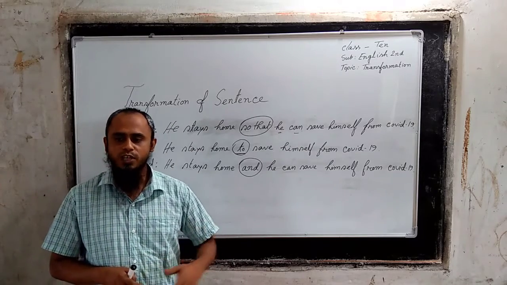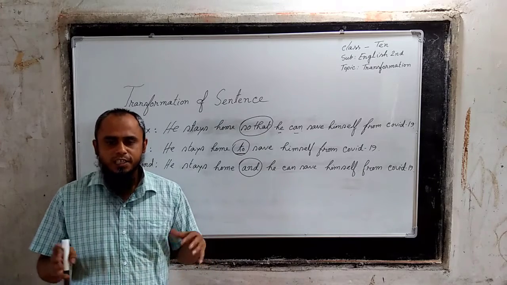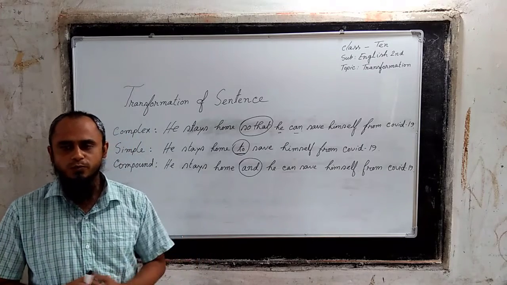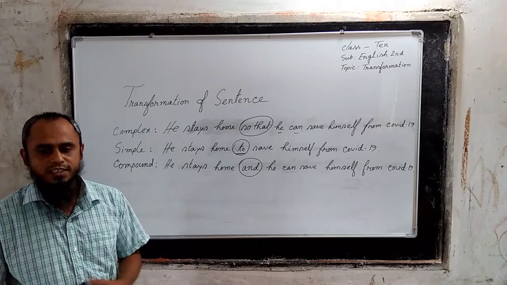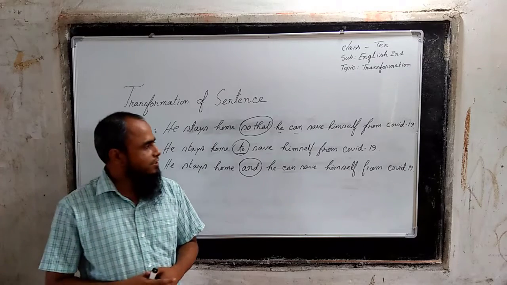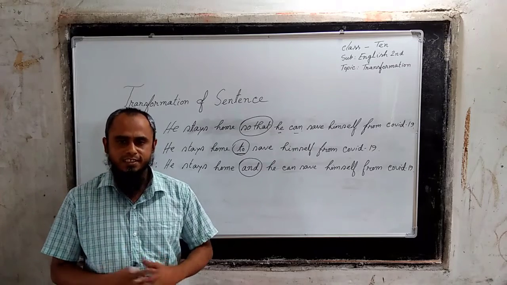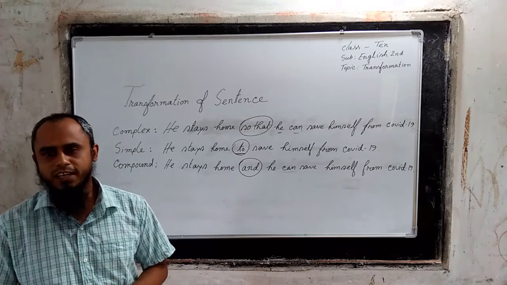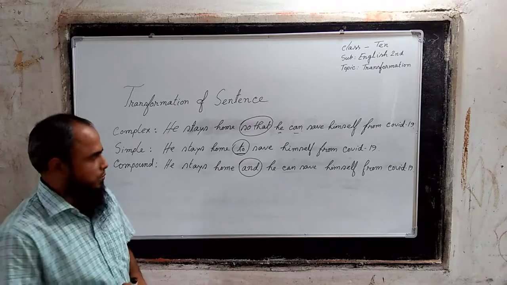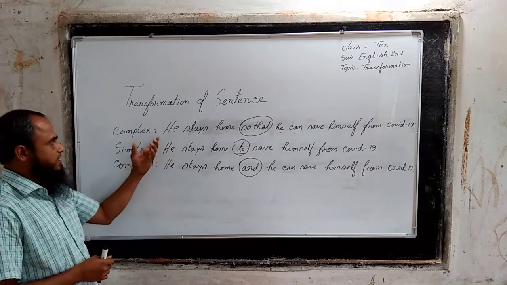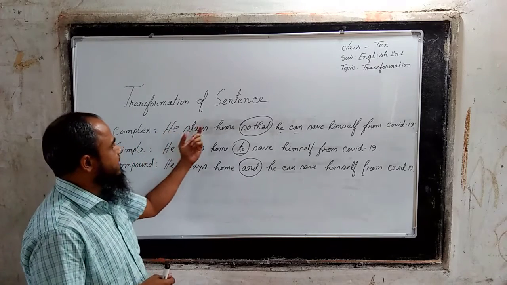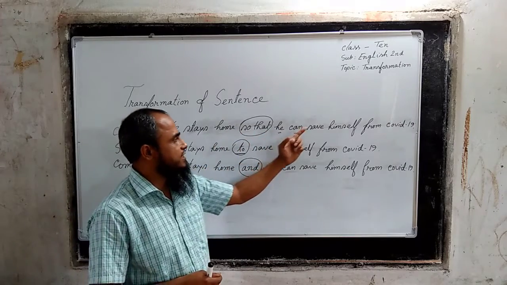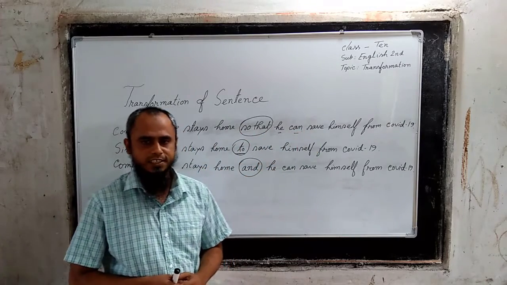Because if anybody goes out of home, you can be affected in various ways. That is why if you stay in your residence, it will be better for yourself, for your family, and for all others also. That is why I have given this example: he stays home so that he can save himself from COVID-19.